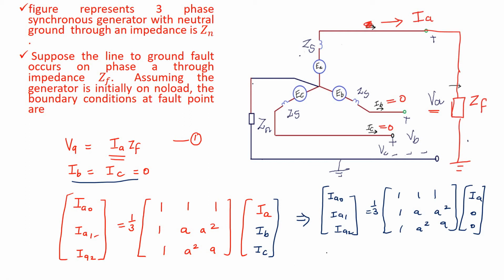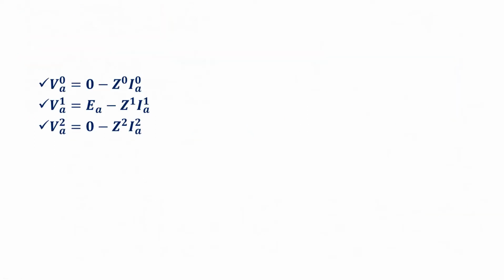From the above equation, what is Ia0? Ia0 equal to Ia by 3. What is Ia1? Ia1 equal to Ia by 3. And Ia2 also equal to Ia by 3. So the three currents are equal. Ia0, Ia1, Ia2 all are equal to Ia by 3.